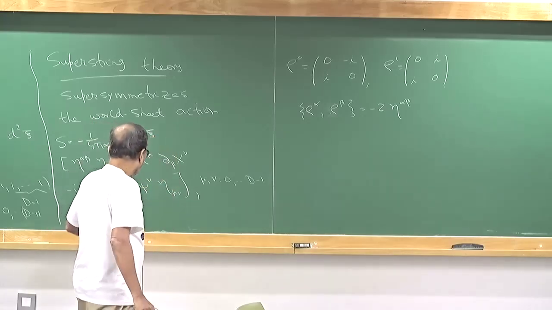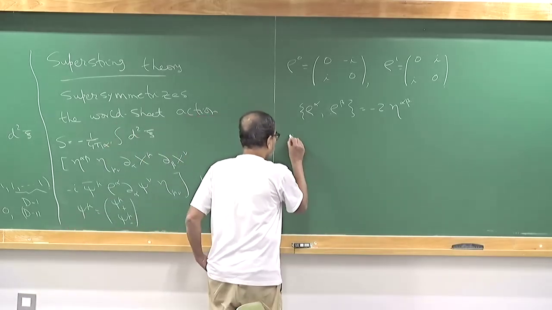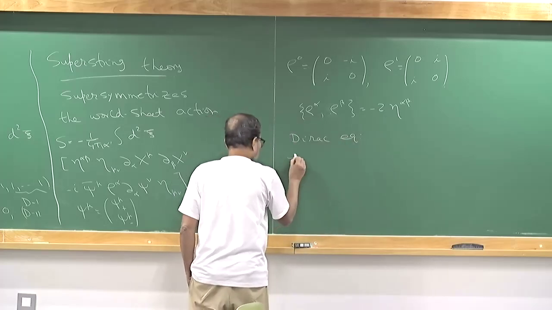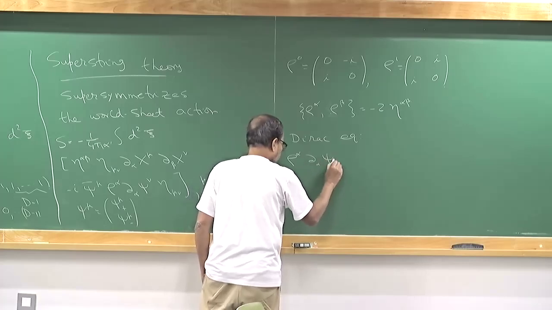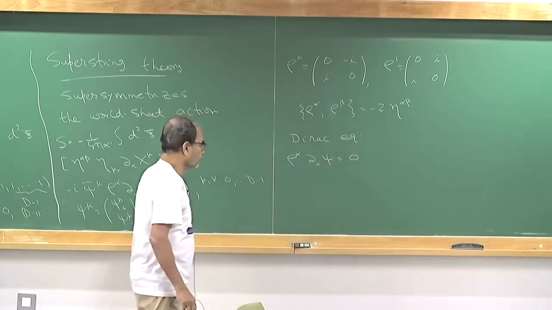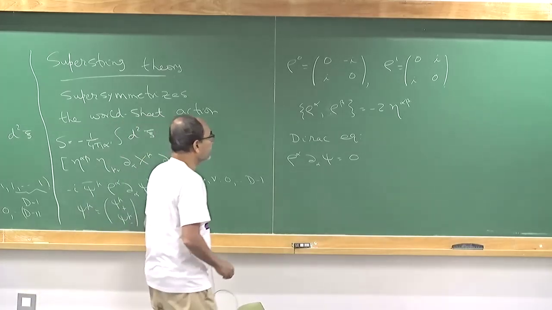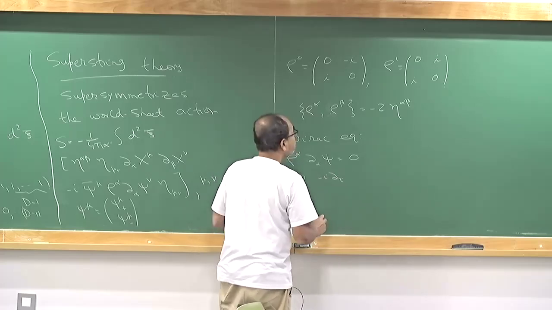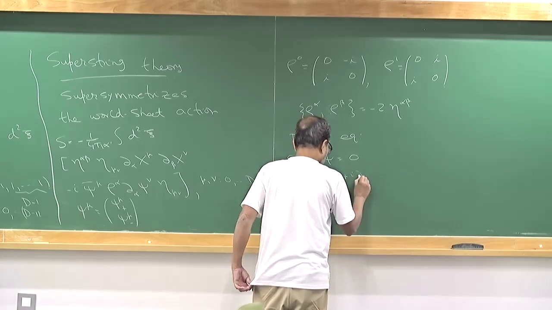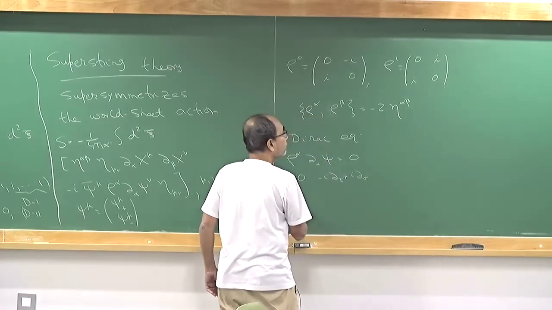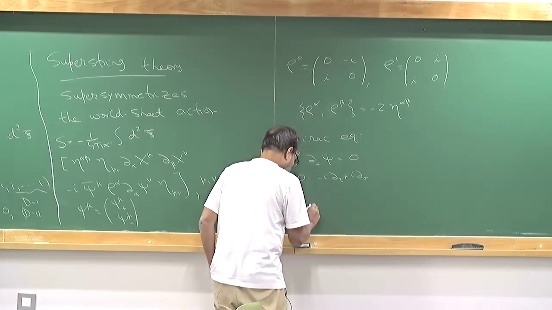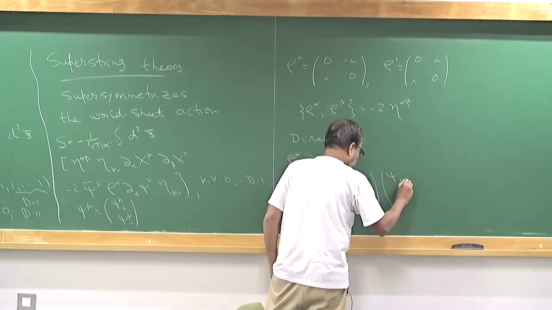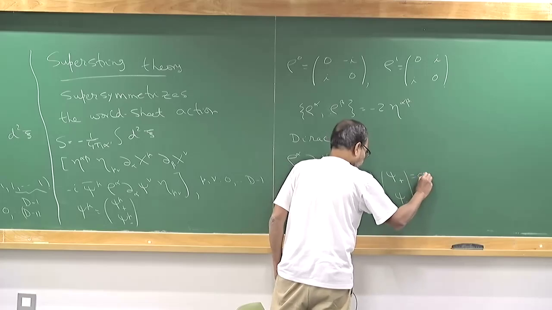Now, from this you have the Dirac equation, which is rho alpha del alpha psi equal to 0. So this I can write as the matrix 0, minus i del tau plus i del sigma; i del tau plus i del sigma, 0, acting on psi plus, psi minus, equal to 0.